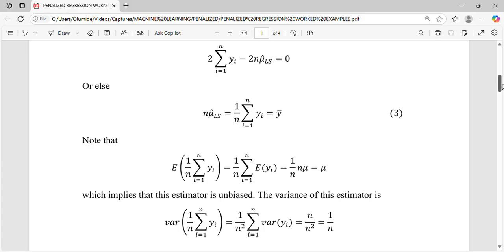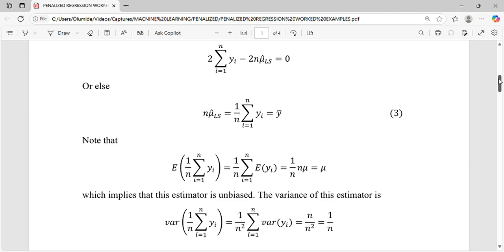When we sum it up to n, we obtain n mu, so we have our mu. Which means it is unbiased, that is, when the penalty has not been introduced, it is unbiased.